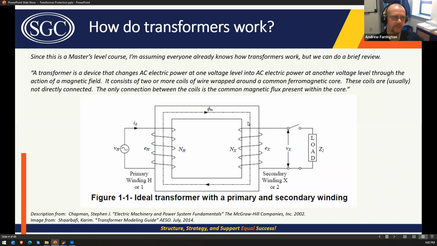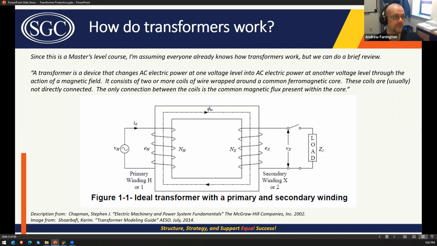They're usually not directly connected. If they are directly connected, it's called an auto transformer. We're not going to get really into the details of an auto transformer. I could only put so much into the lectures, so we're just going to touch on those, and not really focus on other types of transformers that you may run into: auto transformers, zigzag transformers, three winding transformers.